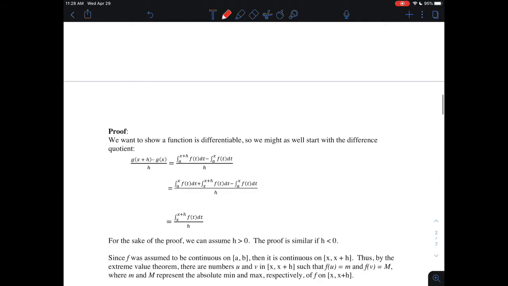By properties of integrals, this limit x plus h, I'm going to play around with that a little bit. I can split that first integral up into 2 integrals. It becomes the integral from a to x of f of t dt plus, picking up at x, the integral from x to x plus h of f of t dt, and then minus the integral that we already had at the end, the integral from a to x of f of t dt.